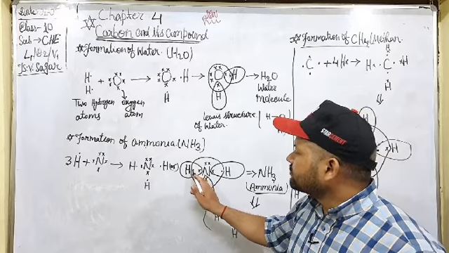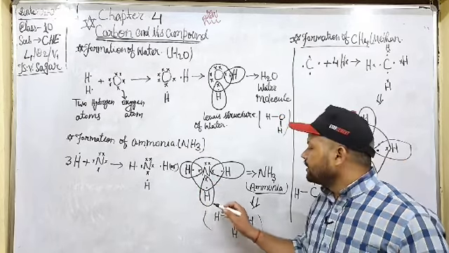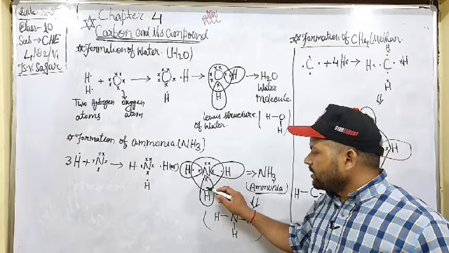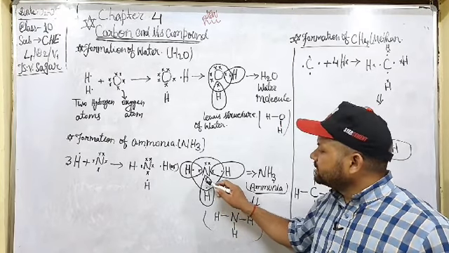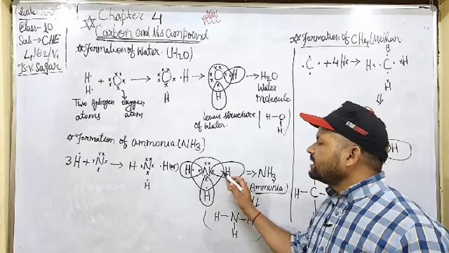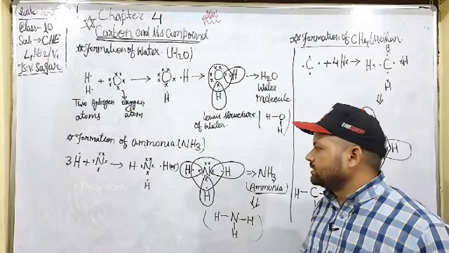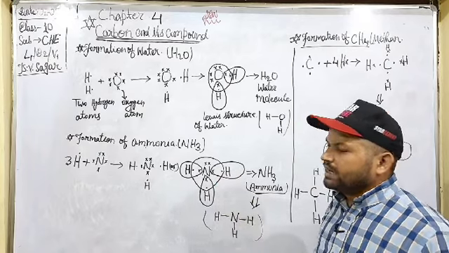Here 1 electron of hydrogen is shared with 1 electron of nitrogen. The second electron of hydrogen is shared with the second electron of nitrogen, and the third electron of hydrogen is shared with the third electron of nitrogen. These 2 electrons are left.